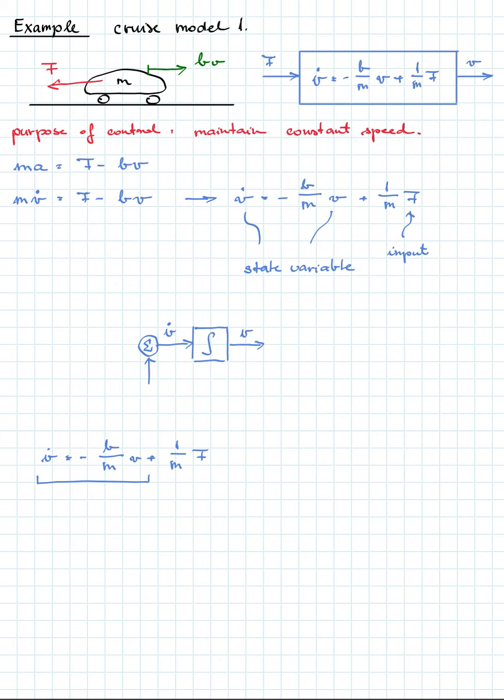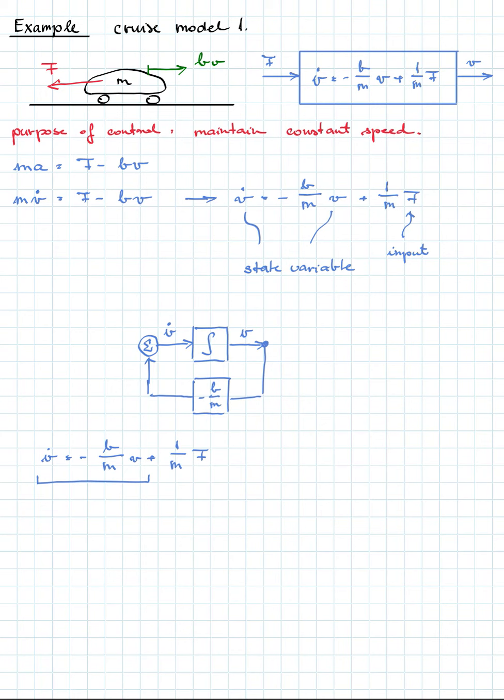So now it is depending on the velocity. So I just feed this back to the input, and we have got a gain which is minus b over m.